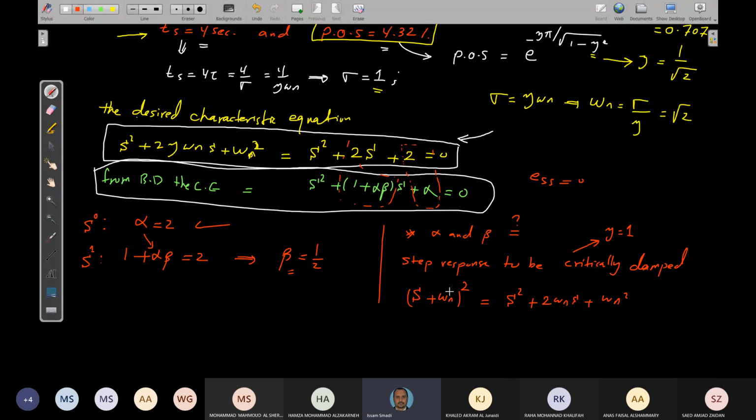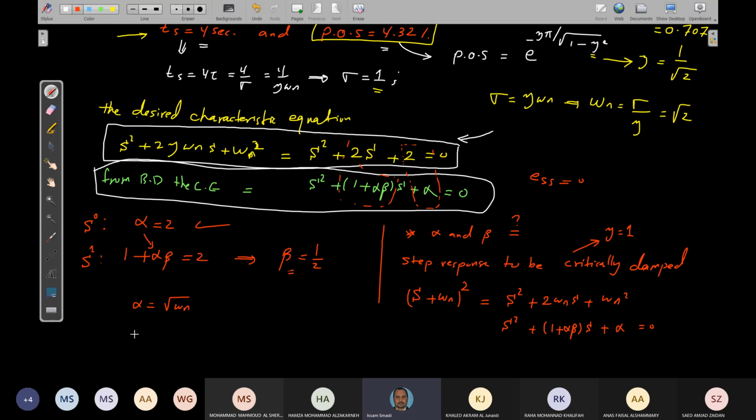Now, in this case, I will have here s squared, and here I'm having (1 plus alpha beta) s, and here I'm having alpha equal to 0. So from here, I will get alpha is equal to omega n squared.